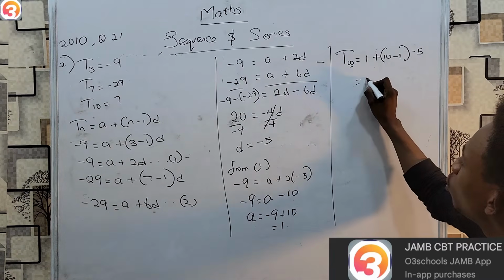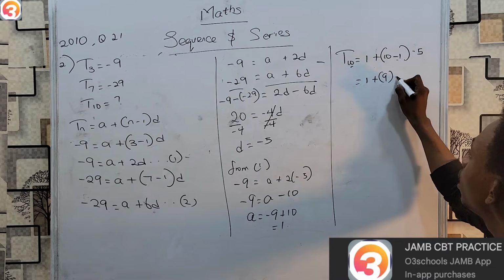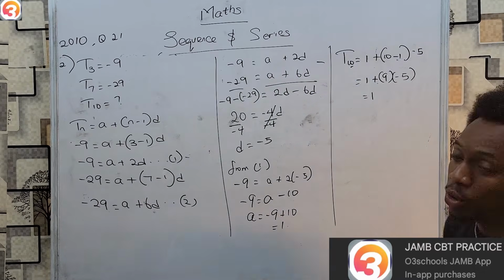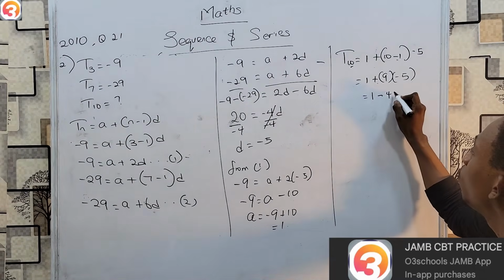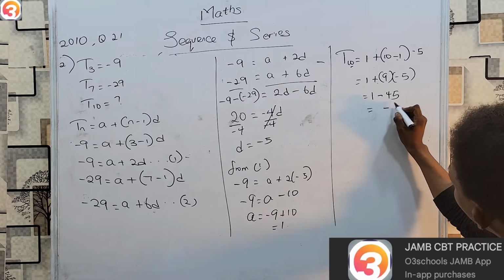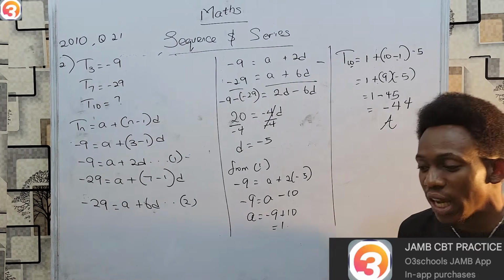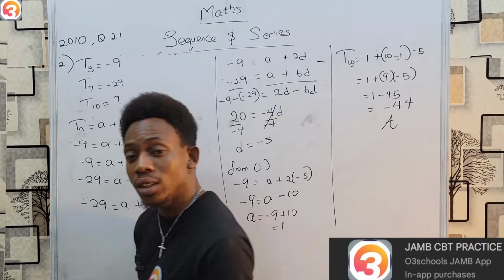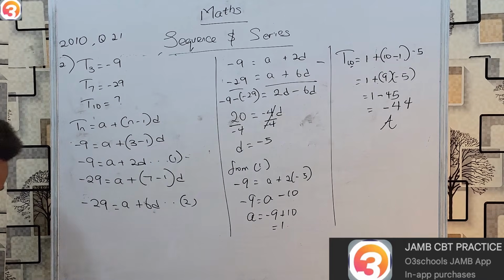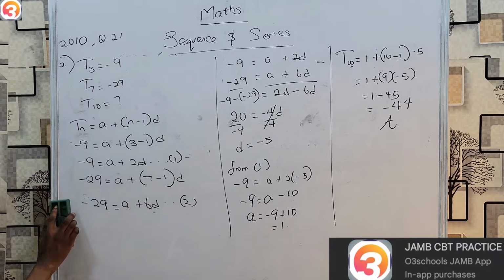That becomes 1 plus 10 minus 1 is 9 times minus 5. 1 plus 9 times minus 5 is going to be minus 45. 1 minus 45 is minus 44. And that is option A. So you see, very, very simple. Do not panic. Follow the steps as required, and you are definitely going to arrive at your answer.